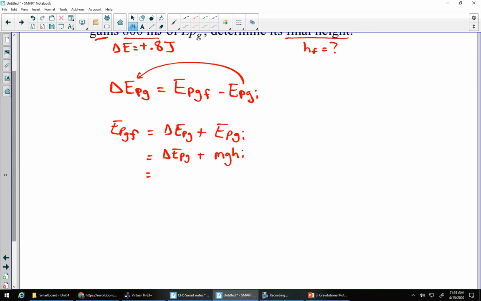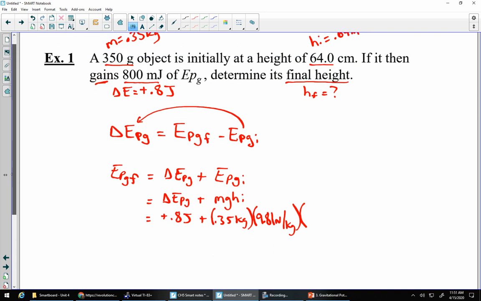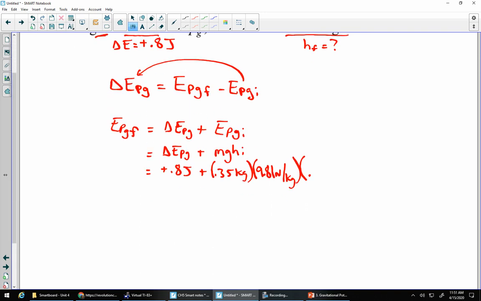So our change was positive 0.8 joules plus the mass, 0.35 kilograms, times 9.81 newtons per kilogram, times the height. Okay, what was the height again here? 64 centimeters, or 0.64 meters.